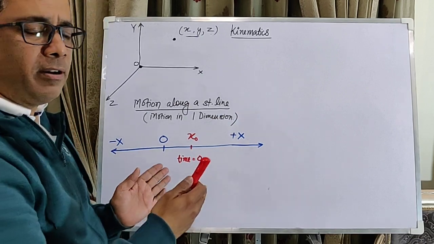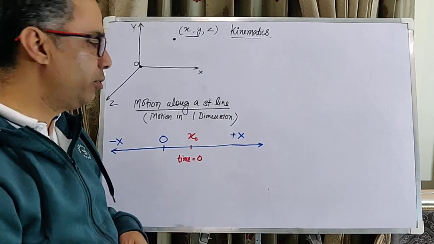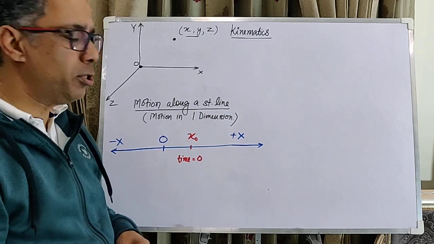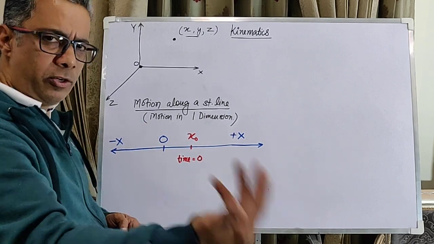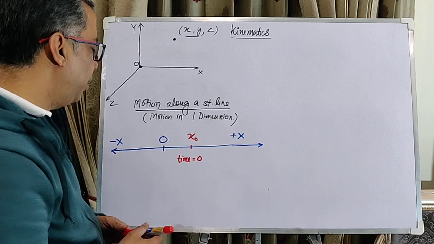There are certain vector quantities that we use for describing motion, and we will talk about them as time proceeds.